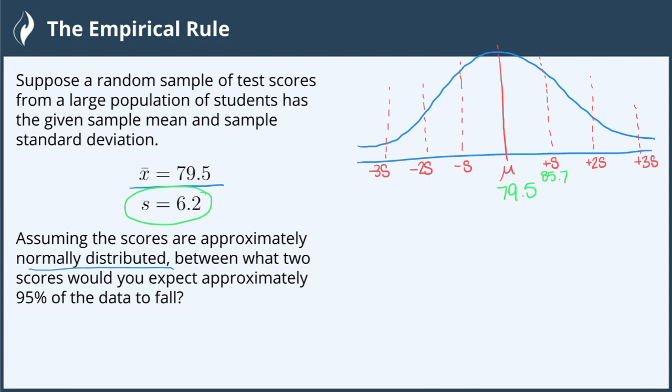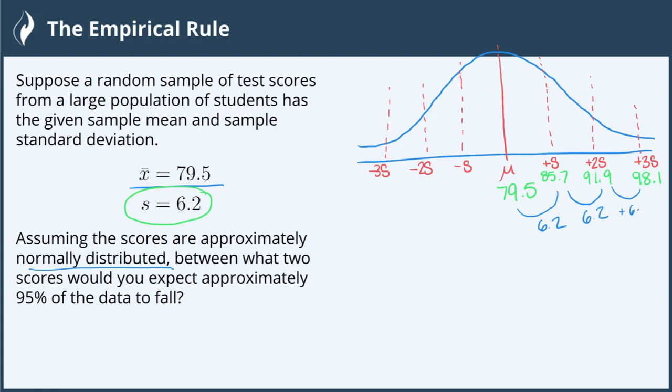If we add another standard deviation, we add 6.2 to the 85.7 and get 91.9, and adding another 6.2 gives us 98.1. And this was adding 1 standard deviation of 6.2, which we were given at the beginning.